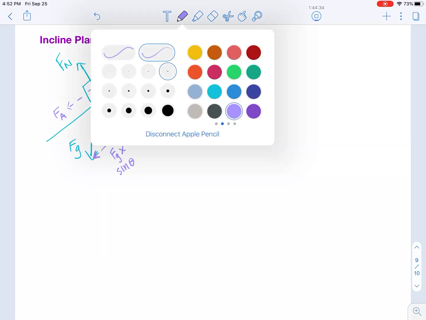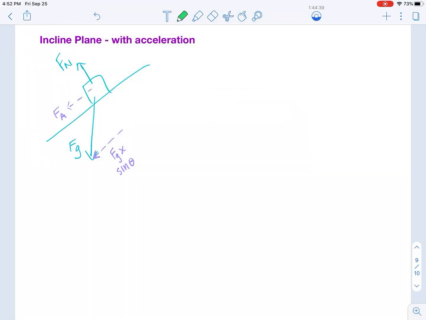My frictional force is going to be opposing that motion, and the frictional force, remember, is mu times the normal.